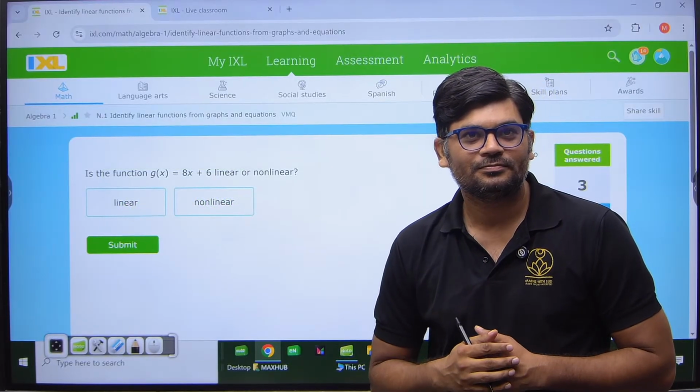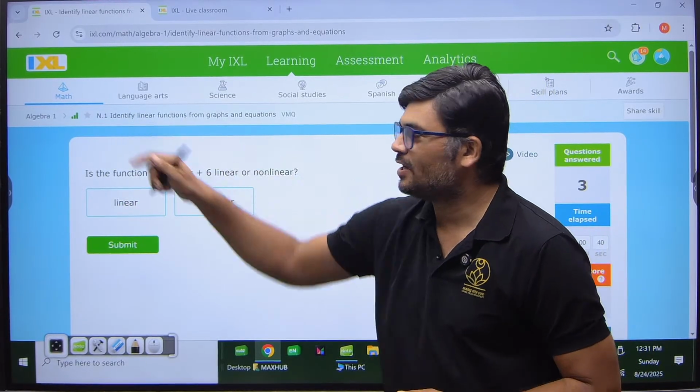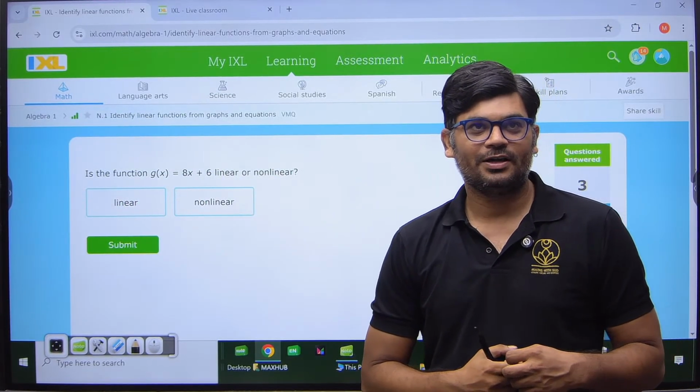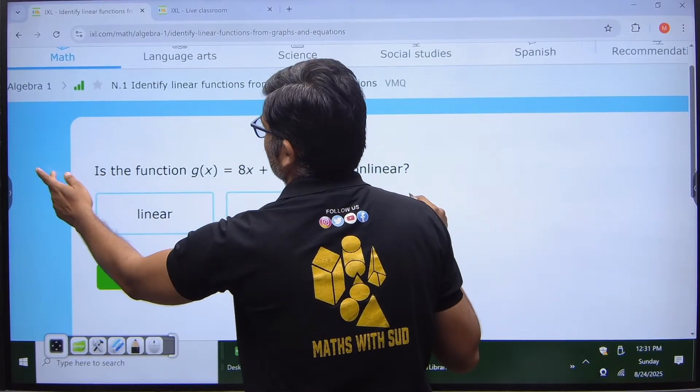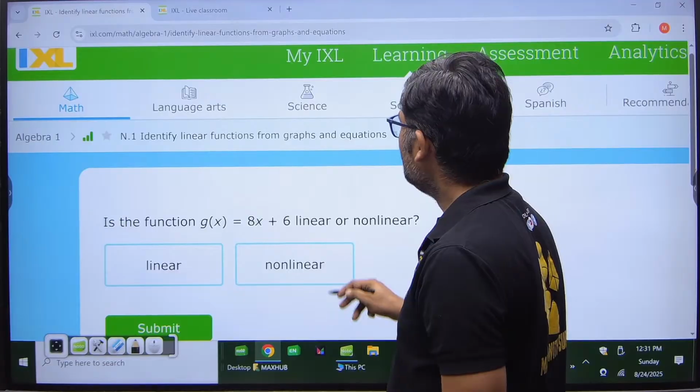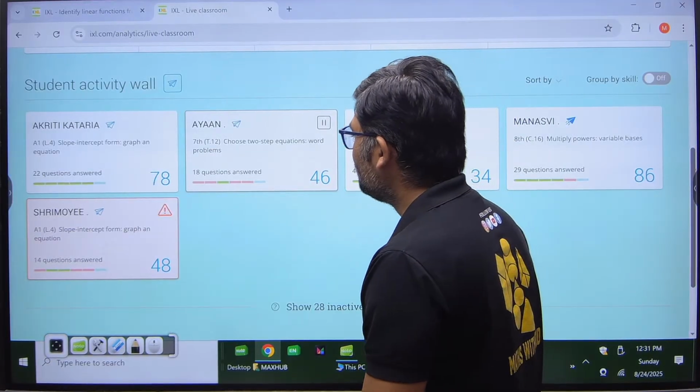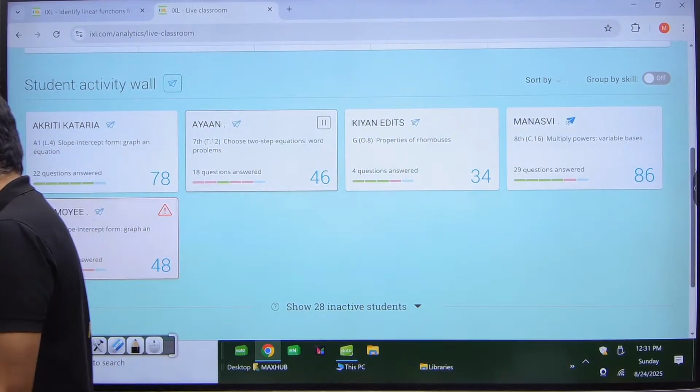Wait, where is this sheet? This sheet is N1. Okay. In the algebra 1, go to N1. And let me see if you are able to find out whether a function is linear or not.